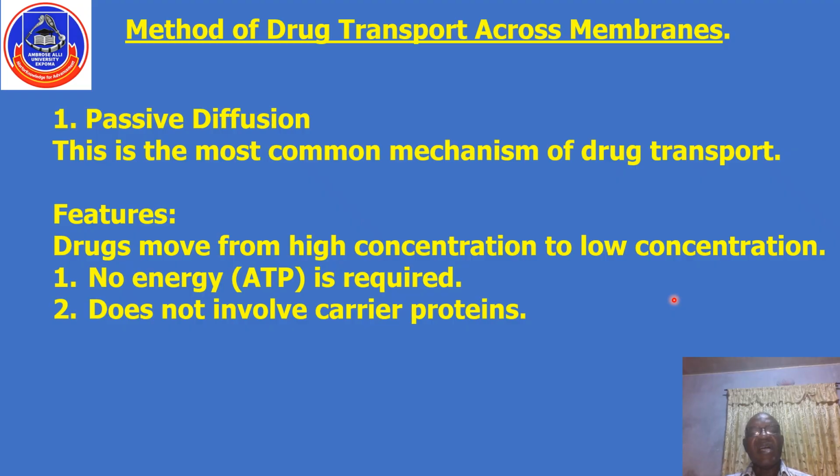The features are that the drug moves from a high concentration to a lower concentration region. No energy in the form of ATP is required, and it does not involve carrier proteins.